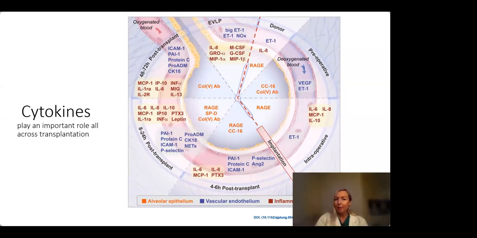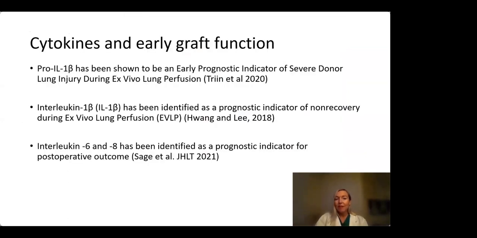So it might be good to try to target those. Cytokines have also been associated with prognosis and early graft function during ex vivo lung perfusion and also post-transplantation, and especially IL-1 beta, IL-6, and IL-8 can be used to differentiate a good from a bad graft.